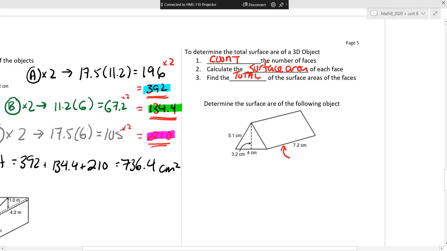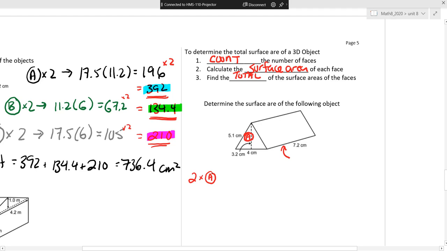So let's just label the sides. I like using A, B's, and C's. So I'm going to go for my first side here as an A. And we have 2 of these, right? One in the front, one in the back. So I'll just write down 2 times A here. And I'll start the calculation.